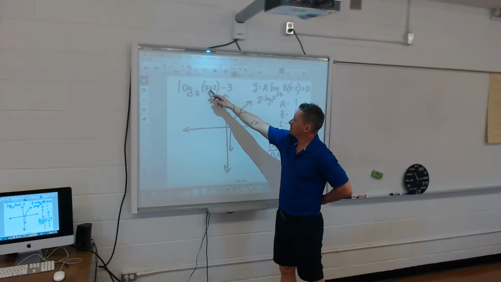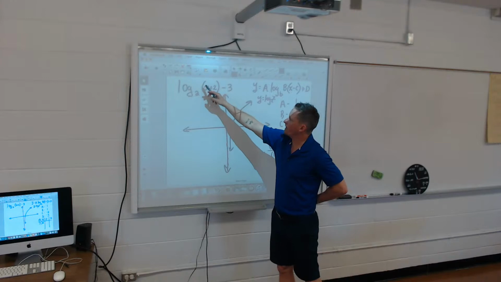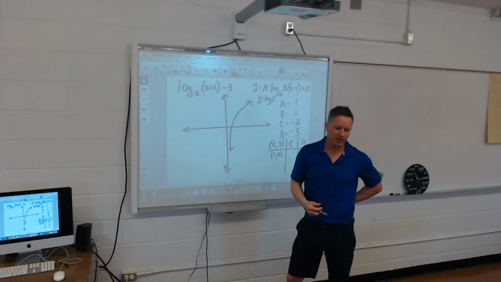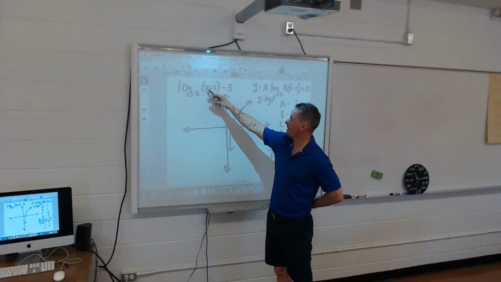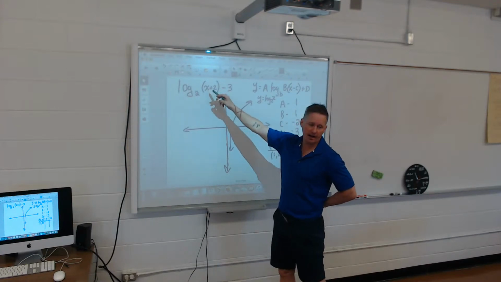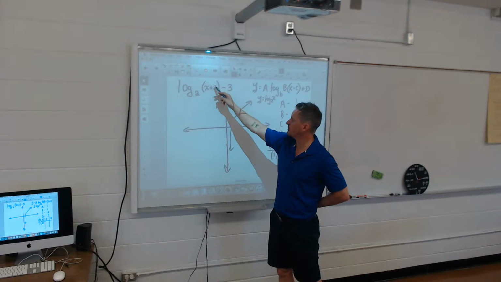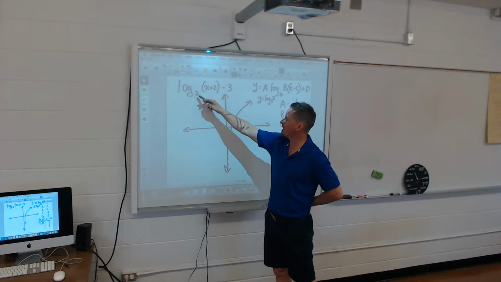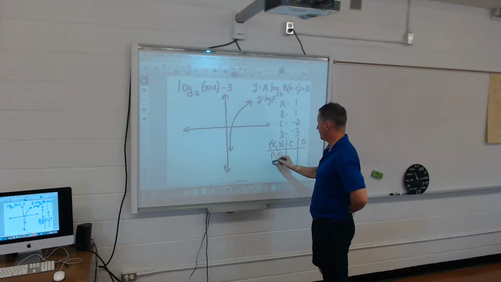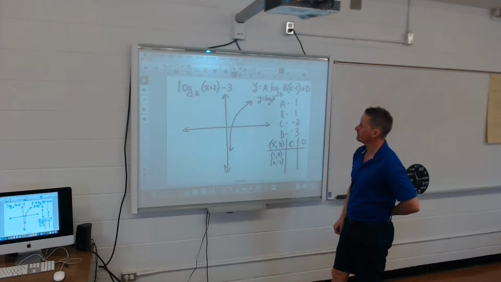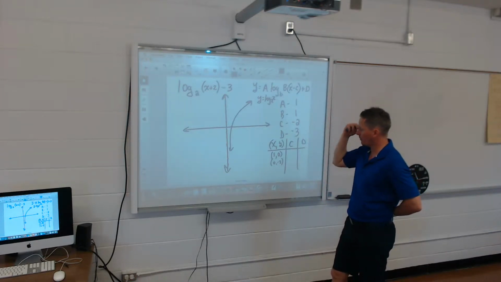I want to use another coordinate here. If I put 0 in for x, I get the log of 2 to the base 2, which is 1. 1 subtract 3 would be -2. So I have (0, -2). That's a possibility for this particular one.